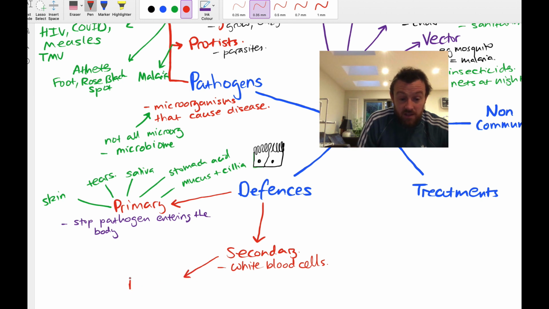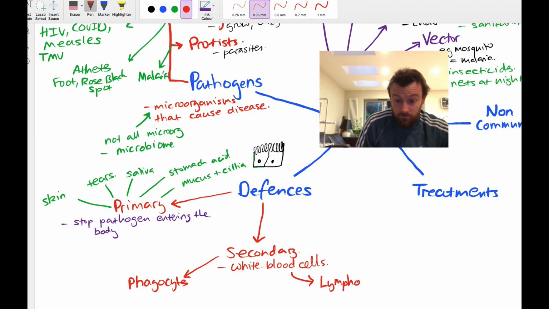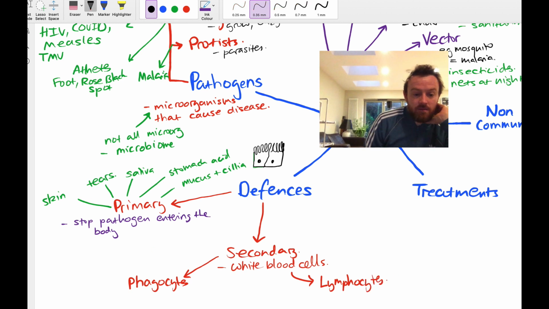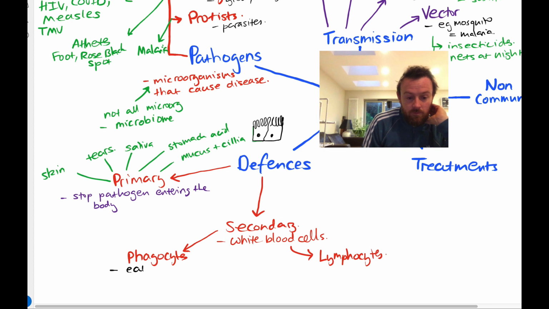We've got phagocytes, and we've got lymphocytes. Phagocytes and lymphocytes. So phagocytes, essentially, they eat stuff, they ingest pathogens.